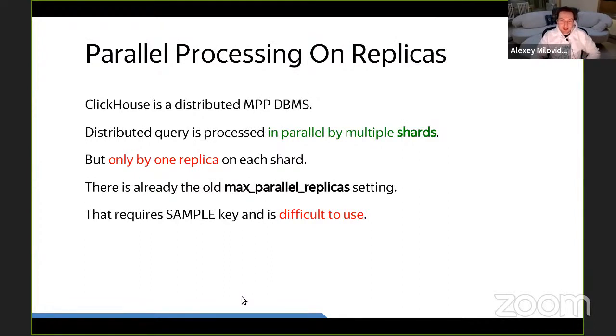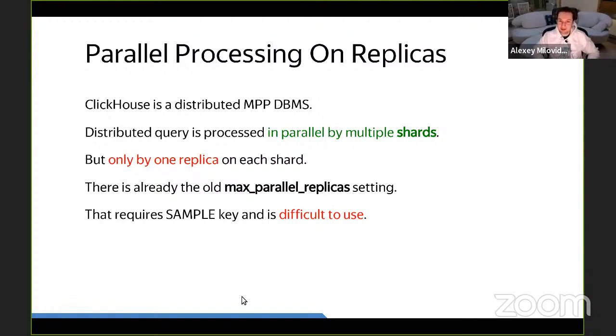What else? Parallel processing on replicas. ClickHouse is a distributed massively parallel processing database. When you do a distributed query, it is processed in parallel by multiple CPU cores and by multiple shards. Everything in parallel. But by default, it is using only one replica on every shard.